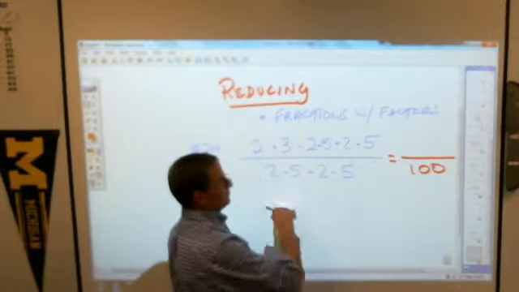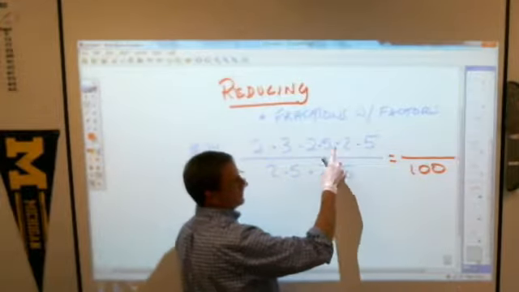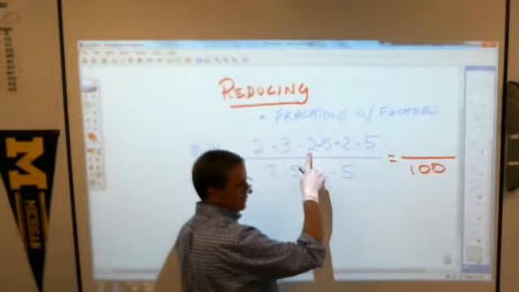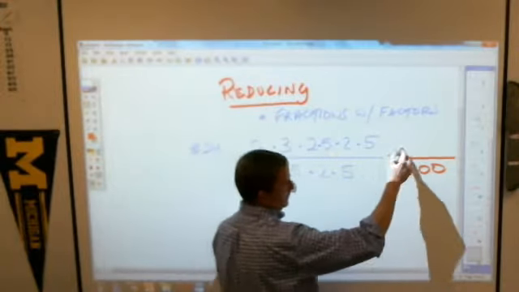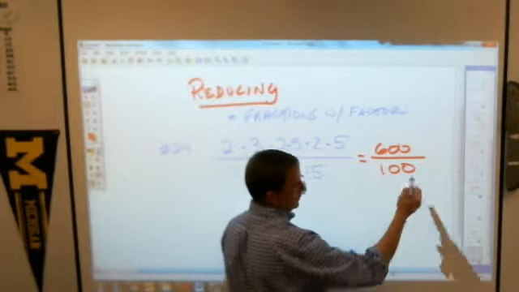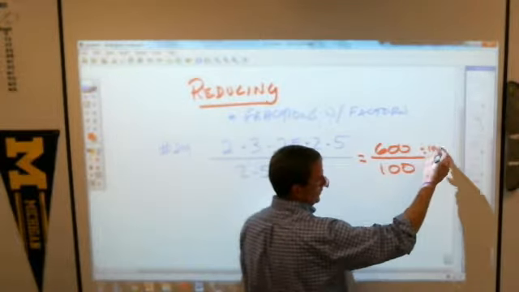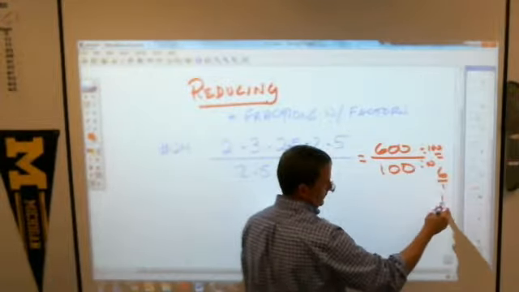And then on top, 5 times 2 is 10, times 5 is 50, times 2 is 100, times 3 is 300, times 2 is 600. And then Sam said, ooh, I can reduce that. What number goes into them both? 100, right? And then you ended up with 6 over 1, and that gave you 6, right?